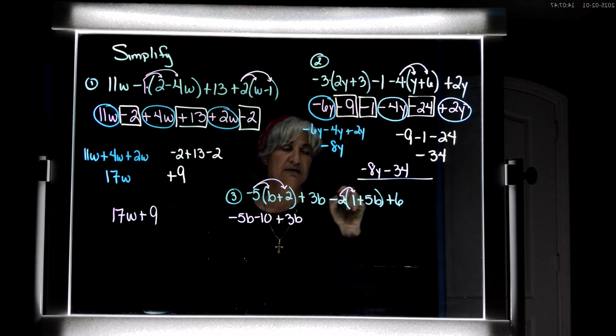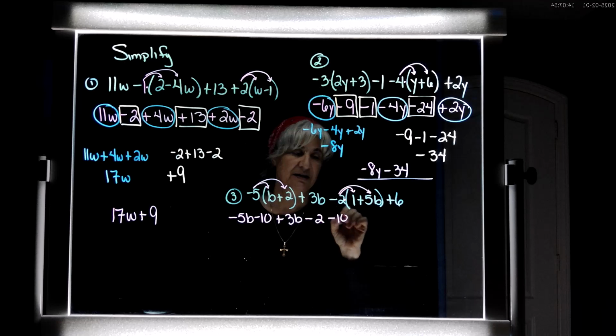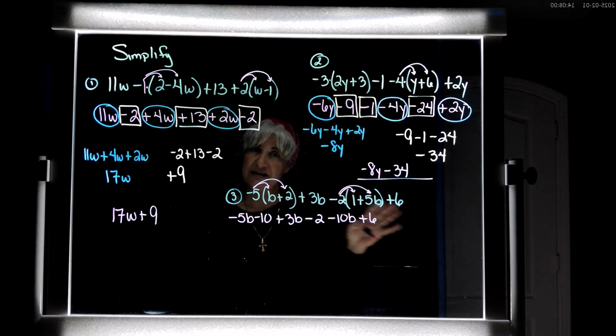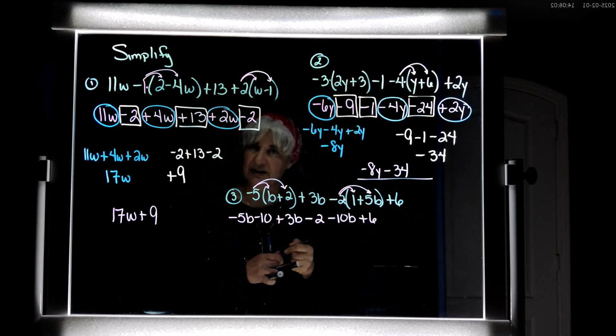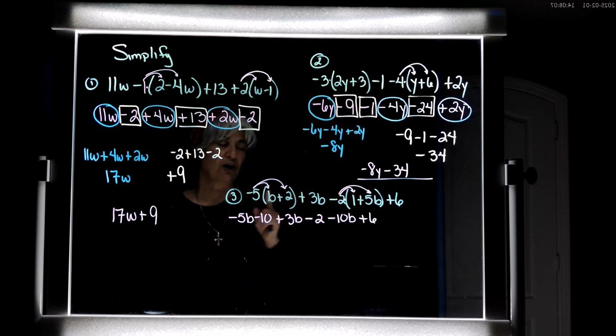So, distribution again. So I get minus 2 minus 10b. And then the plus 6 stays the same because it's outside the parenthesis. It's not going to get affected, is it? Okay. All right.